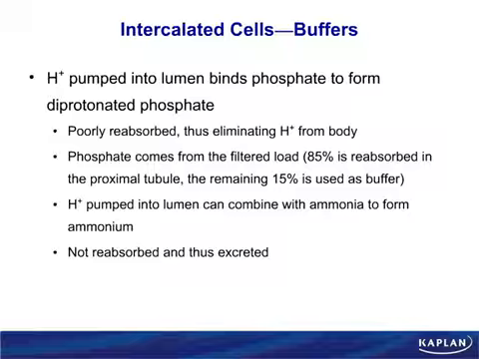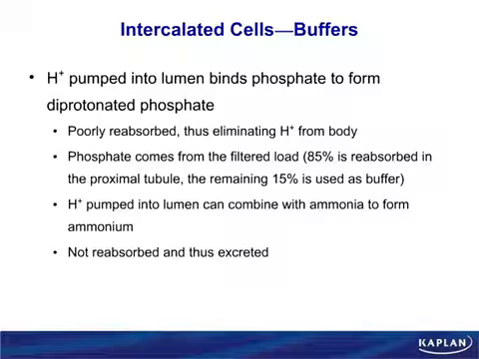What about the other 60%? So the other 60% uses ammonia. So ammonia is a very important buffer. Ammonia binds the protons to form ammonium. This is how most of your acid is buffered. Now, where does the ammonia come from? This ammonia is produced by proximal tubule cells.